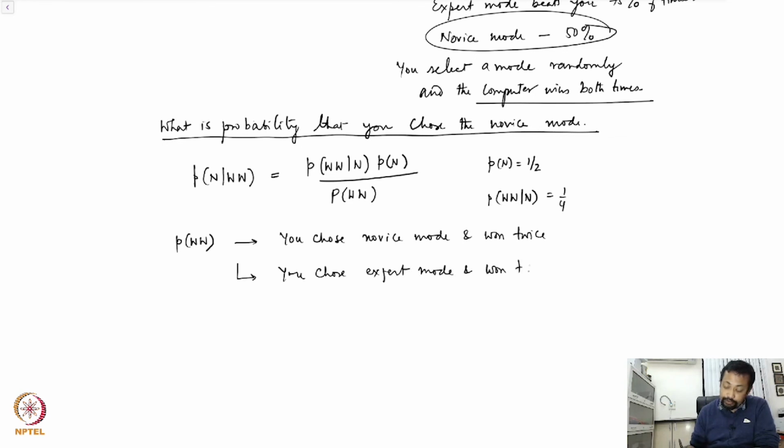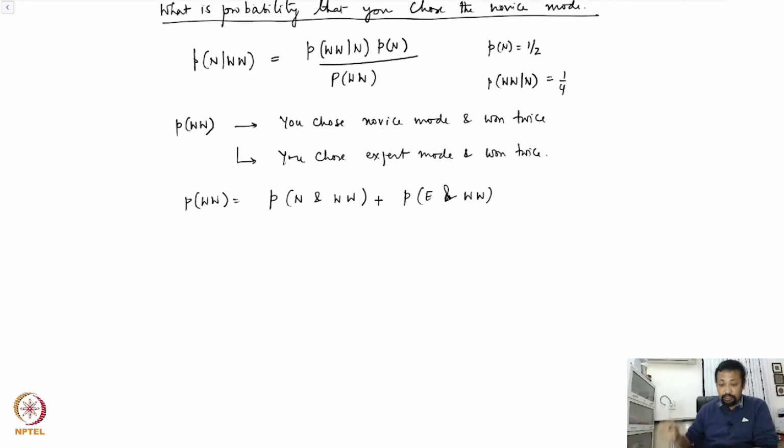and won twice. Correct? So therefore I can write down P(WW) as the probability that you have chosen the novice mode and won twice, plus the probability that you have chosen the expert mode and won twice, right? So the probability of choosing the novice mode and winning twice is P(n) times P(WW|n).